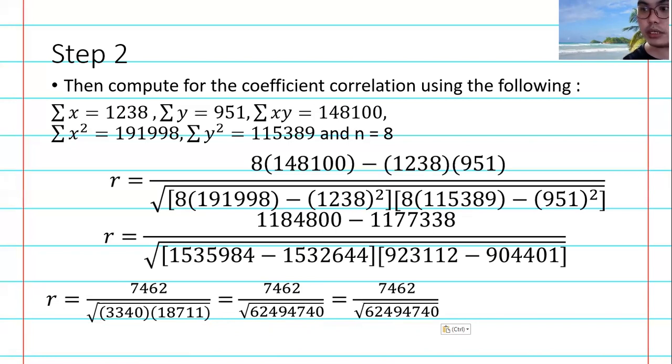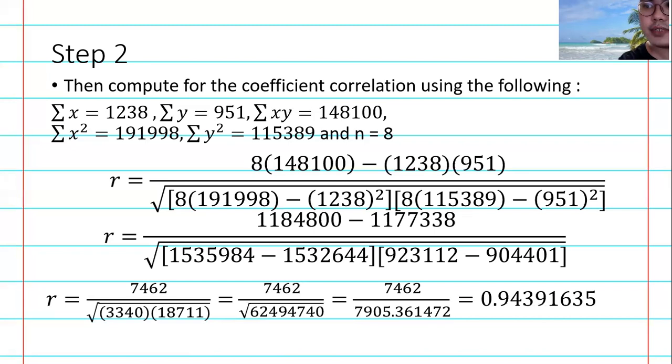So this will be 7905361472. Dividing this, this will be 0.940916357. So this is the correlation coefficient. I'm just doing this step by step, para hindi na tayo masyadong mahirapan.